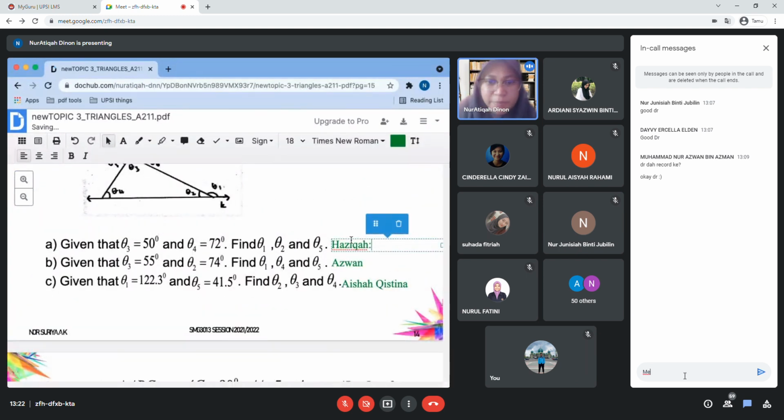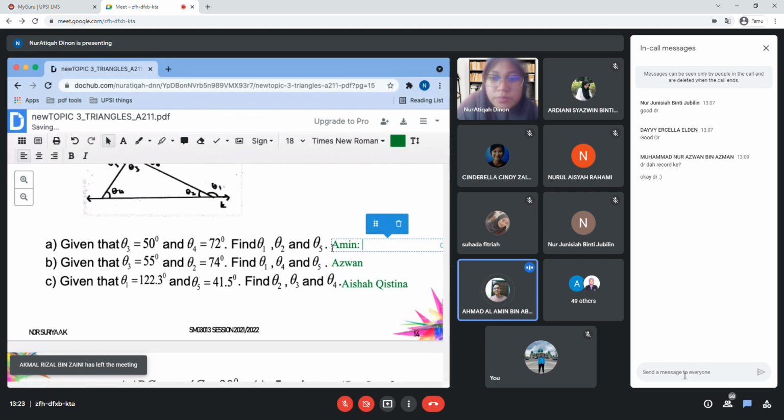Ahmad Al-Amin, please. Jawapan doktor, just jawapan tapi ikut order. Theta 1, theta 2, theta 5. Jawapan dia theta 2 58, theta 1 122, okay.